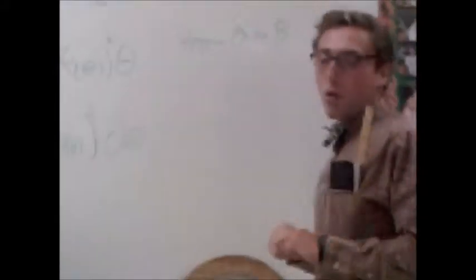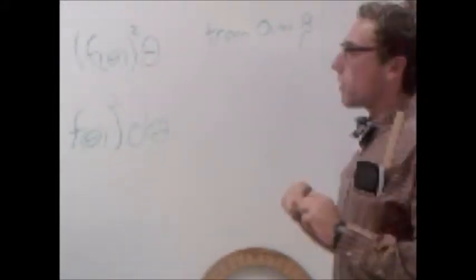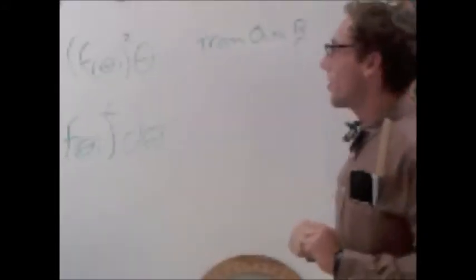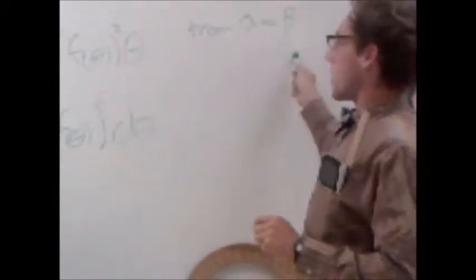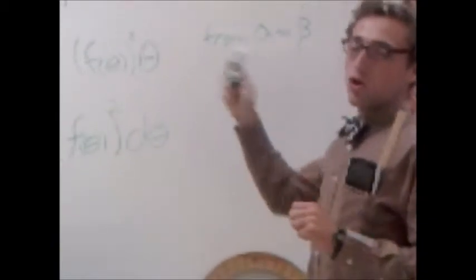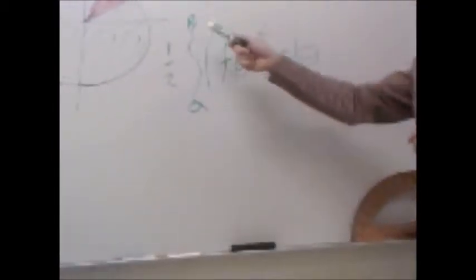So if you want to find the area of this whole function under a curve, we can, from alpha to beta, which is how much of the curve you want to take it under, take the integral from alpha to beta of this, which is just the area of that slice, and you will get this integral in respect to theta: 1/2 times the integral from alpha to beta of your function squared d theta.